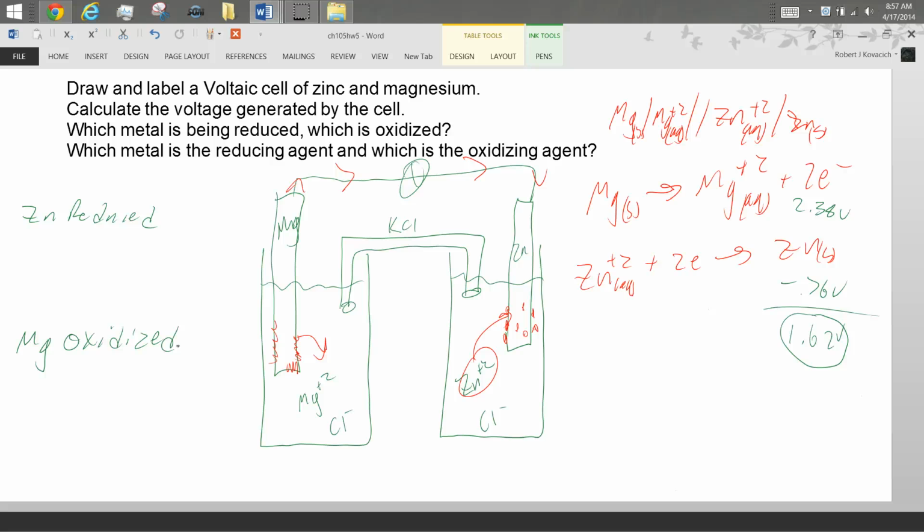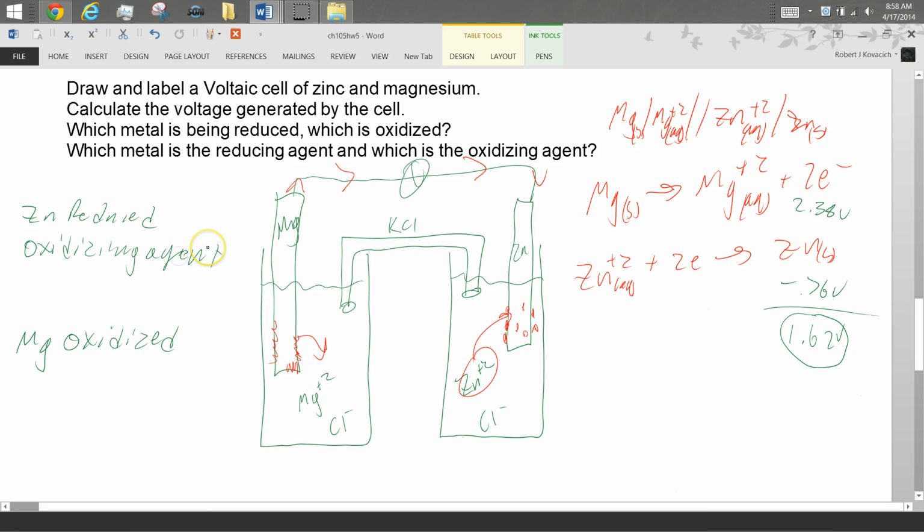The zinc stole electrons from the magnesium, right? And that process is oxidation. So the zinc is actually the oxidizing agent. So the zinc said, hey, I'm taking your electrons, so I'm oxidizing you. Well, the magnesium actually didn't want its electrons. So the magnesium was like, hey, take these things, I'm going to reduce you. So then that means the magnesium was the reducing agent.